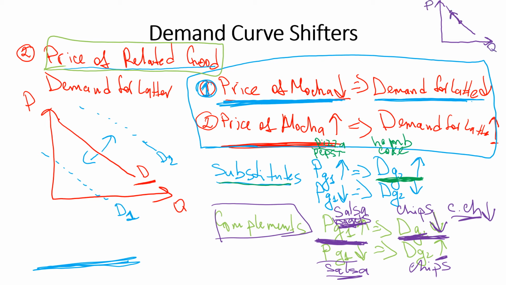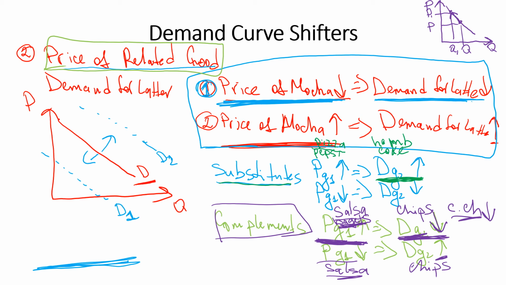And the reason for this change in quantity demanded is because our price is changing. That's quantity one, that's quantity two. I want you to pay attention and understand, it's very important to know the difference between change in quantity demanded and change in demand.